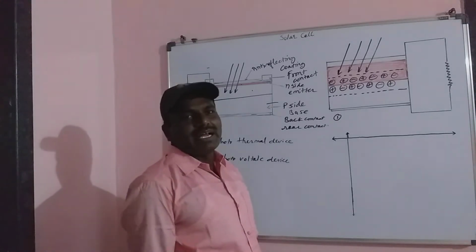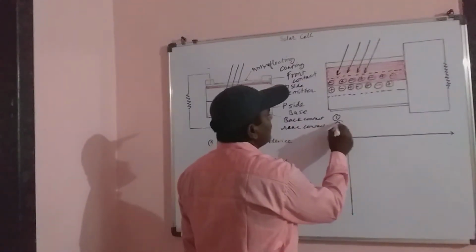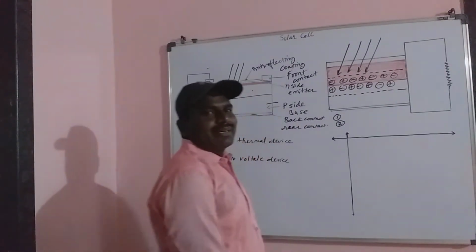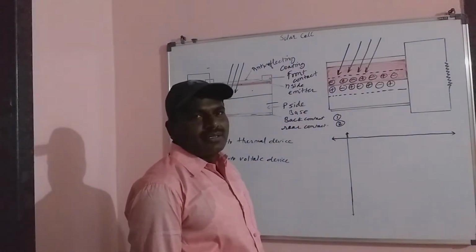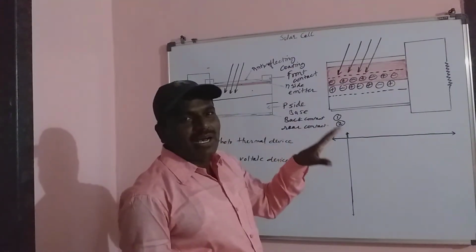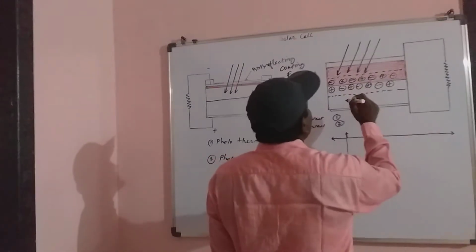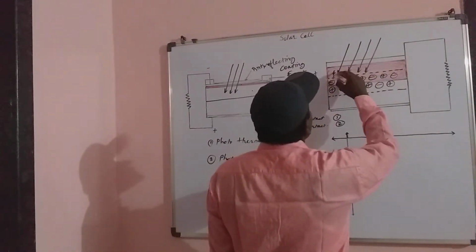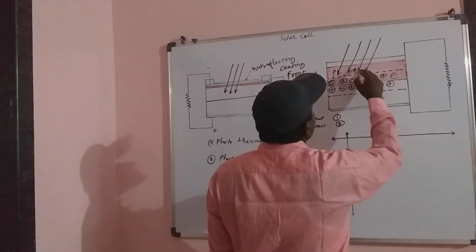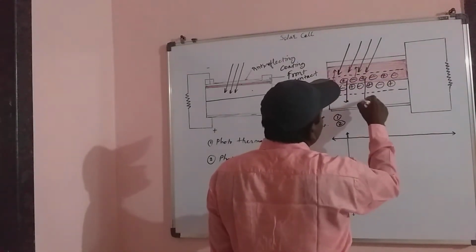These electrons and holes are collected at the n side and p side. That means these electrons are collected here and these holes are collected here.